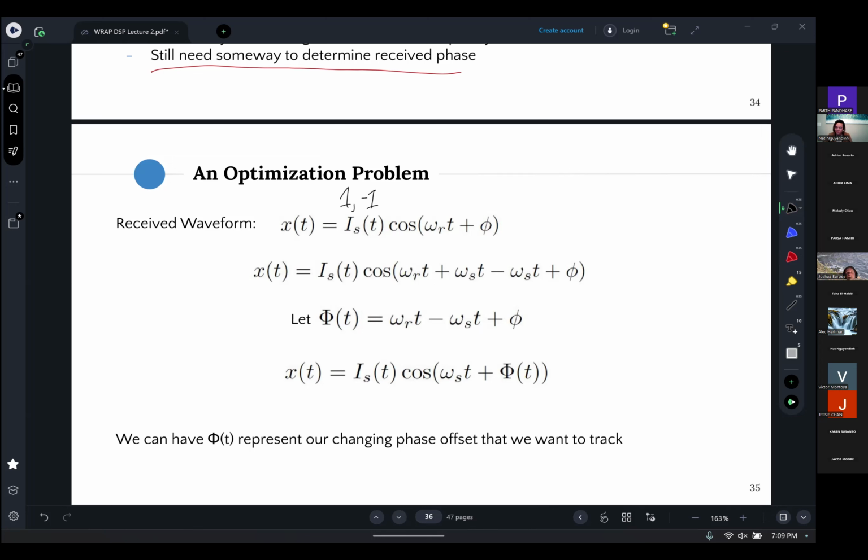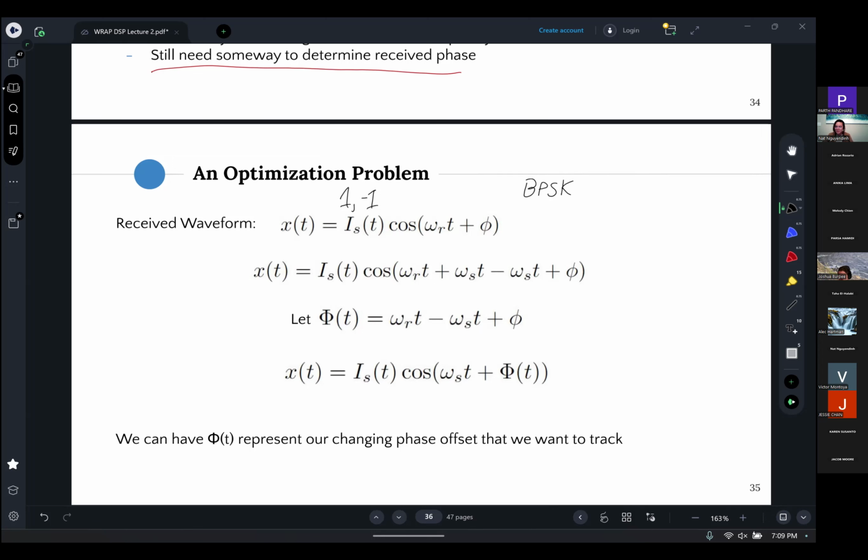This is assuming we're in BPSK just to make these calculations easier, so we don't care about the quadrature component anymore when we're calculating this. We're just looking at the in-phase component. And then this is multiplied by our cosine.